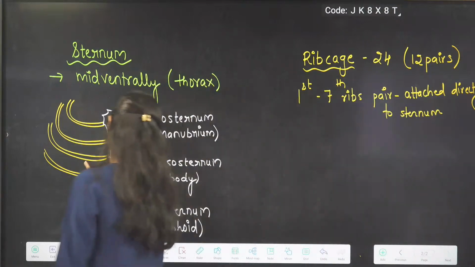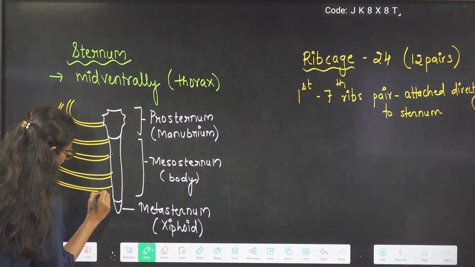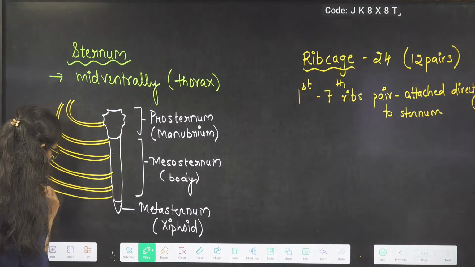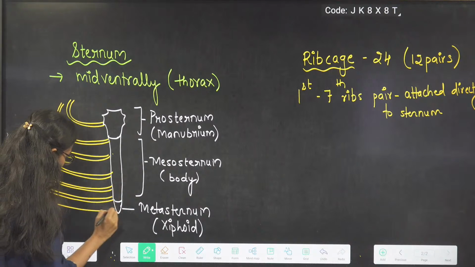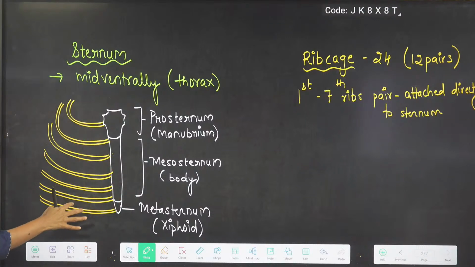So I have drawn 4. I'll also make the rest 3. 5, 6, and then 7, right? So 1, 2, 3, 4, 5, 6, 7.